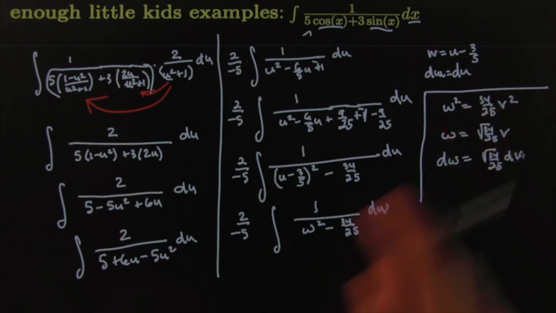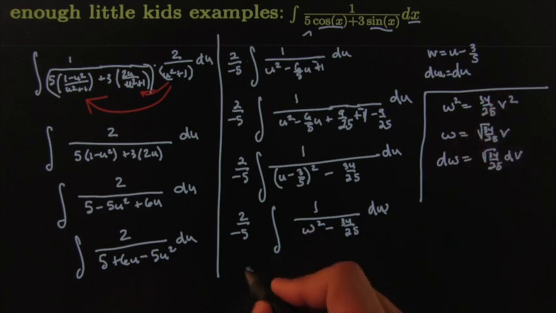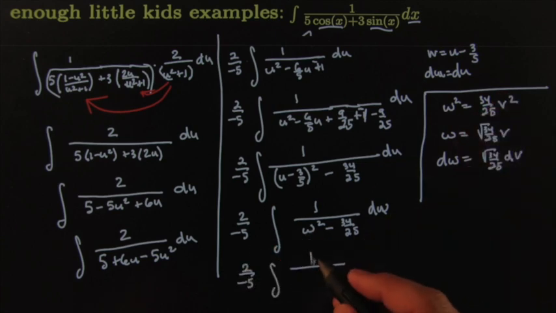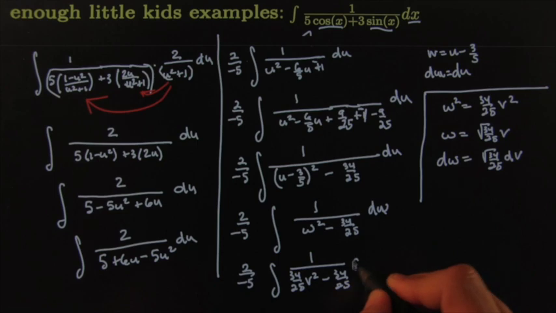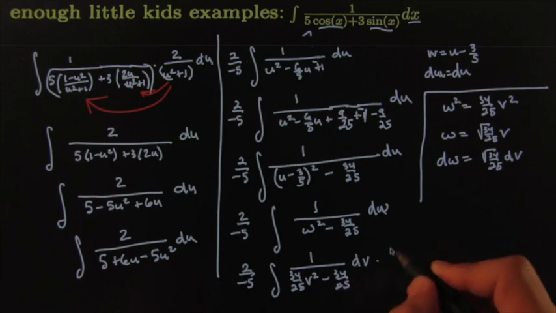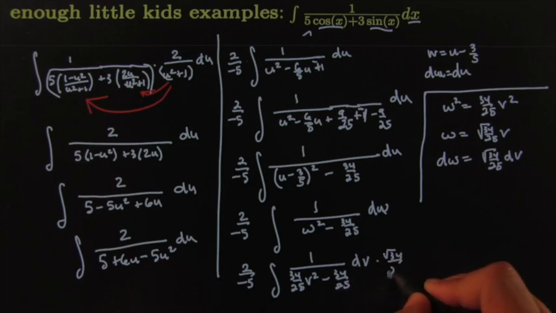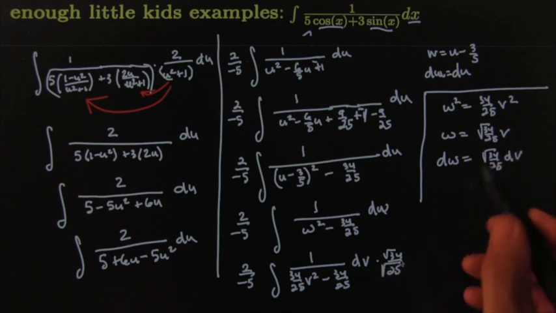But w squared would fit right into there, and that would give me 2 over negative 5 integral of 1 over w squared, which would be 34 over 25 v squared minus 34 over 25 dv times square root of 34 over 25. And of course, that's my dw.